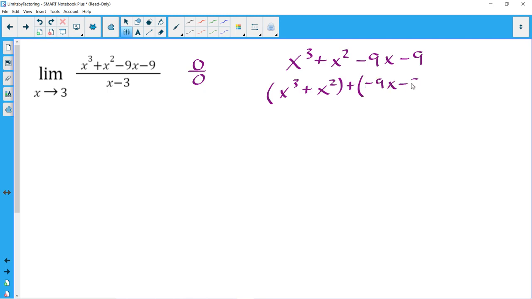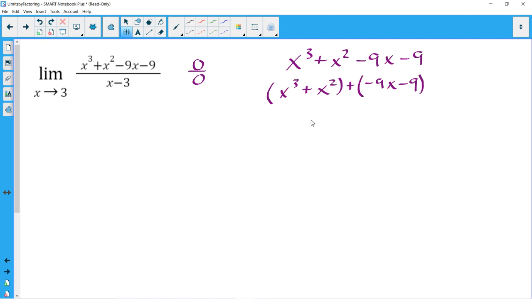The reason why I tell you not to be lazy is because my students are often lazy and they do this. They go like that, and then they go like this, and now all of a sudden they have the incorrect setup for grouping, and you're not going to get it right. So take that extra step and rewrite the 4 terms grouped up, and put a plus in between.